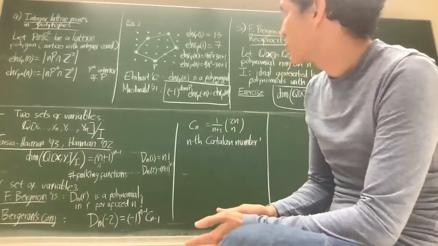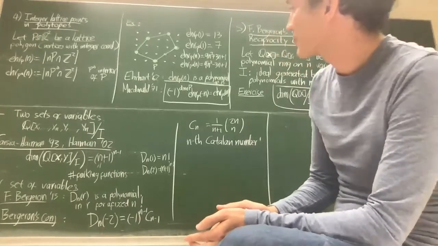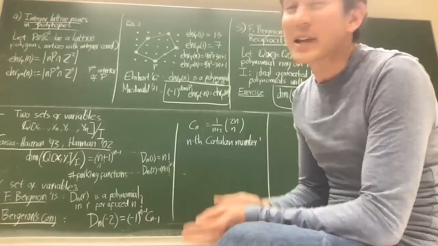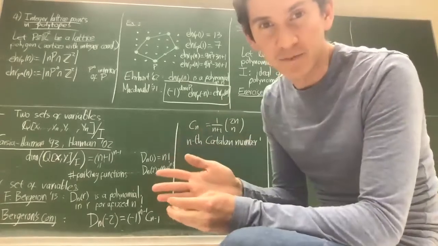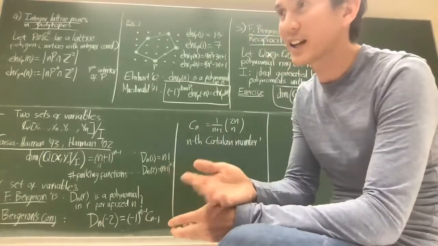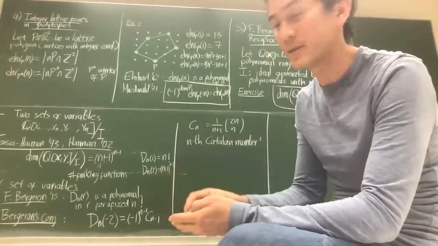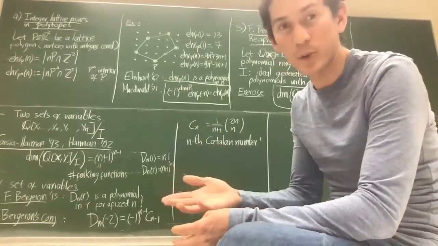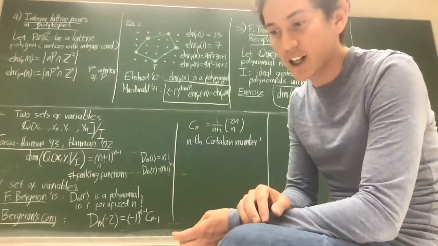So for example, for the case of graphs, if you know what the chromatic polynomial evaluated at -n counts, then there are certain tools you can use for proving that. And these are very common in combinatorics.